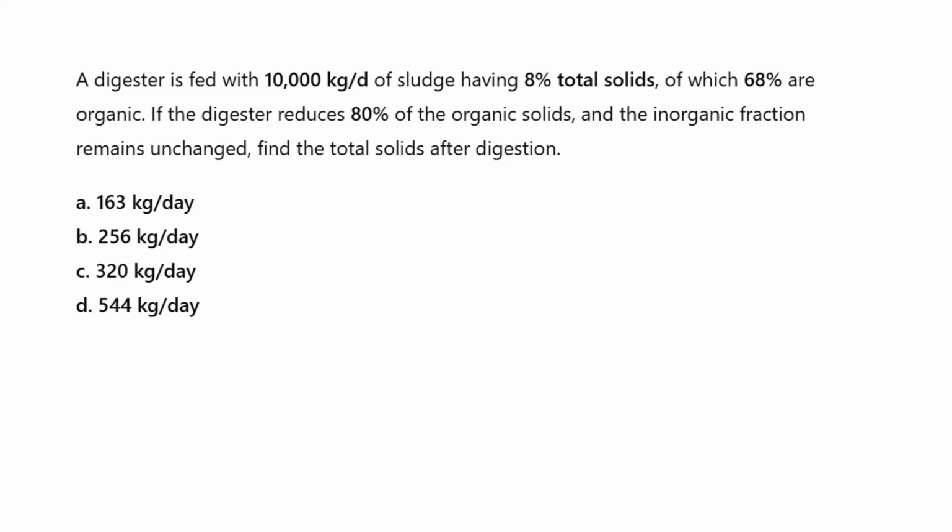So this is 10,000 into 8 divided by 100, which is 800, into 0.32 plus 0.68 into 0.2, which is equal to 0.456, total 0.456 into 800, equal to 364.8 kg per day. Okay, so that's it.